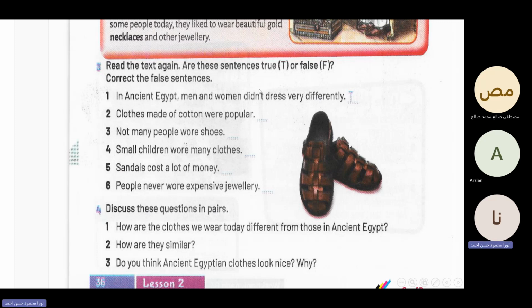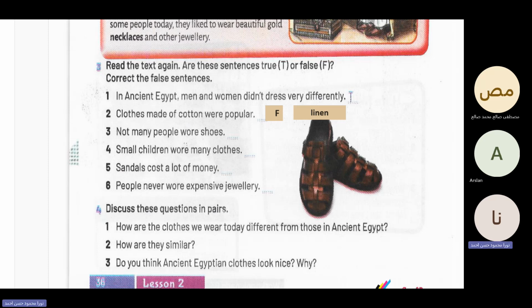Excellent, it's true. In the past, they dressed in similar ways. Number two, clothes made of cotton were popular. What do you think? Were the clothes made of cotton in ancient Egypt? Yeah, it's false. They were made of linen.